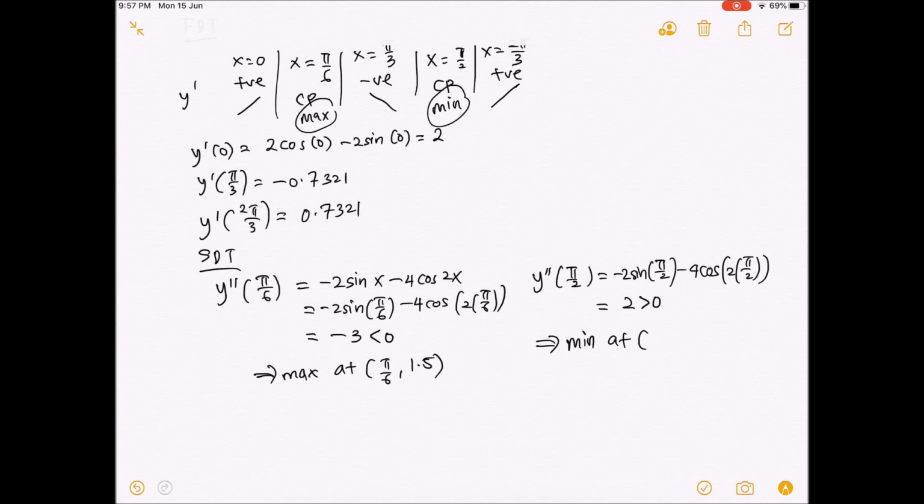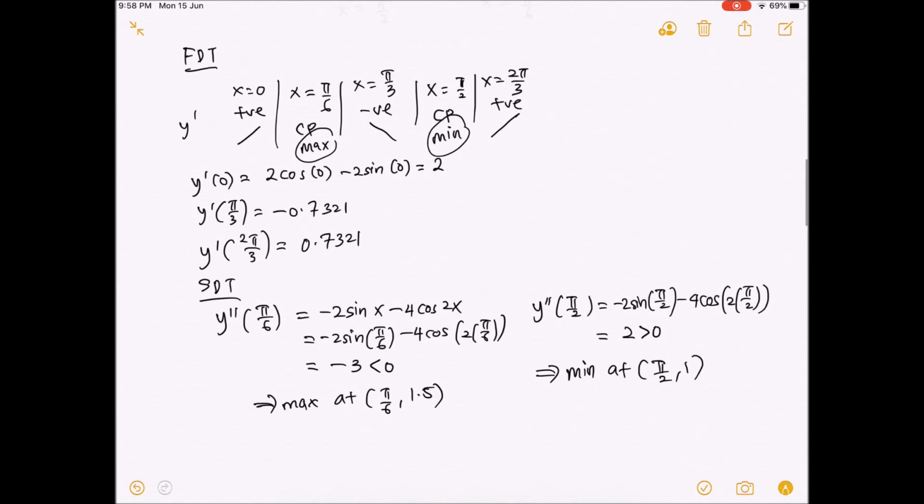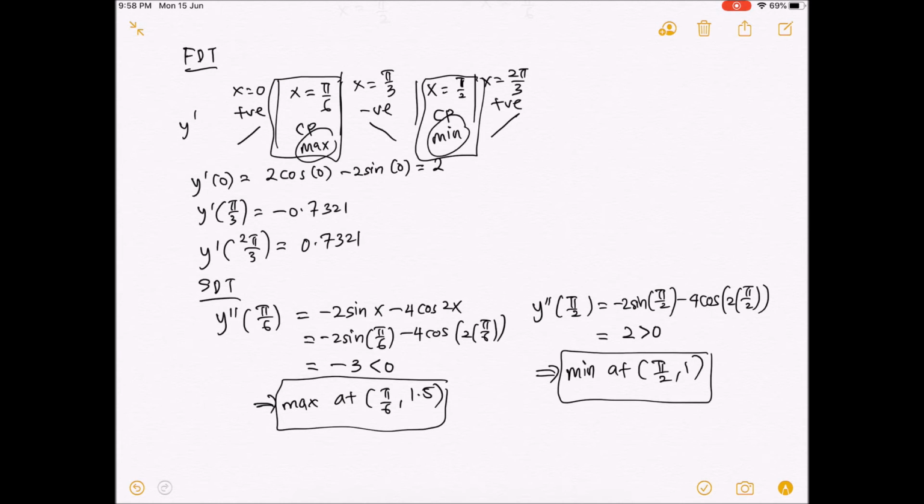So I have a minimum at pi over 2, 1. Let's compare our answers. It's a maximum here and a maximum also here, a minimum here and a minimum also here, for both tests.